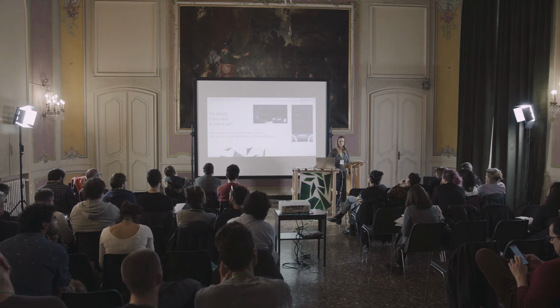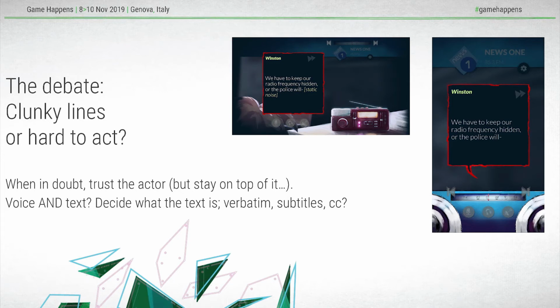Then I have a sort of a debate subject, which is about, well, I put it here like clunky lines or hard to act. There's obviously a lot of opinions on what is good and bad dialogue writing by all of us, by the players. Obviously, I think if some of you here do writing or narrative design or have experienced user critique in any way on those aspects, you will know that people have really different opinions on that.